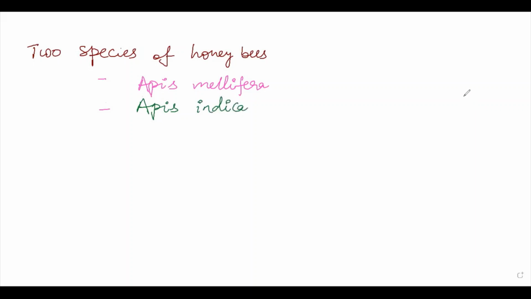These are the two important species which are widely used in beekeeping in India.